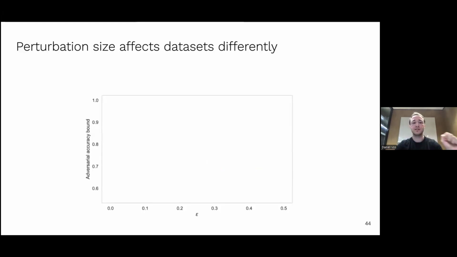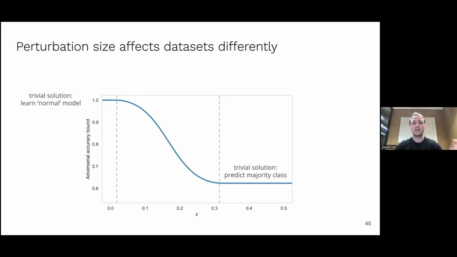We then looked at these kind of plots in which we vary on the x-axis epsilon, which is the size of the uncertainty set, and on the y-axis, it's the value of the bound. And they usually follow this kind of curve. What it means is at the start, at low values of epsilon, we will be able to score 100% accuracy. But this is not super interesting because this is actually the same as a non-robust setting.